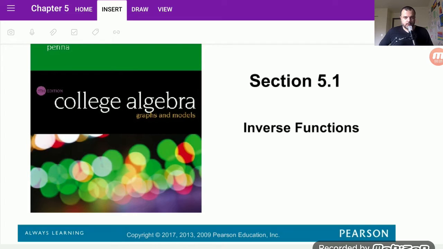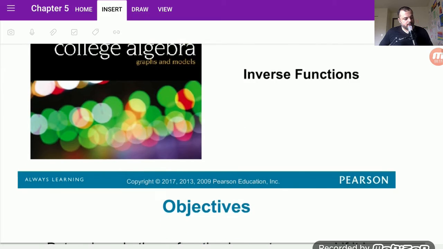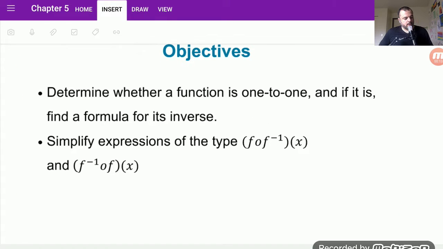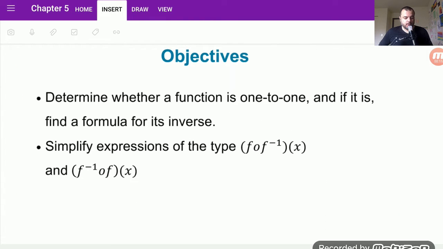In this video, we are going to start chapter 5 and we are going to speak about the first section, which is going to be about inverse functions. We are going to have two objectives.